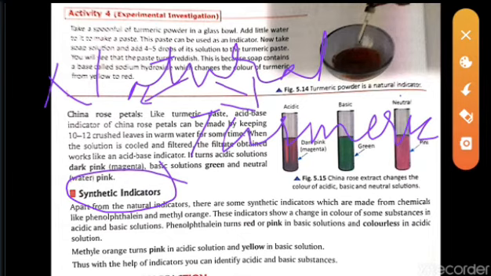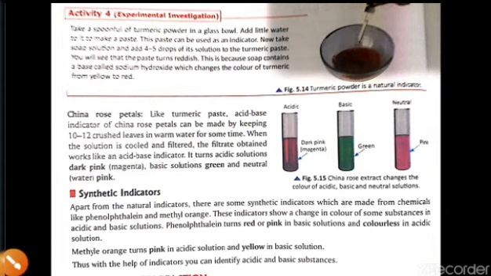The most commonly used synthetic indicators are phenolphthalein and methyl orange. Methyl orange and phenolphthalein are synthetic indicators that are prepared in the laboratory, so they are known as synthetic, that means man-made.